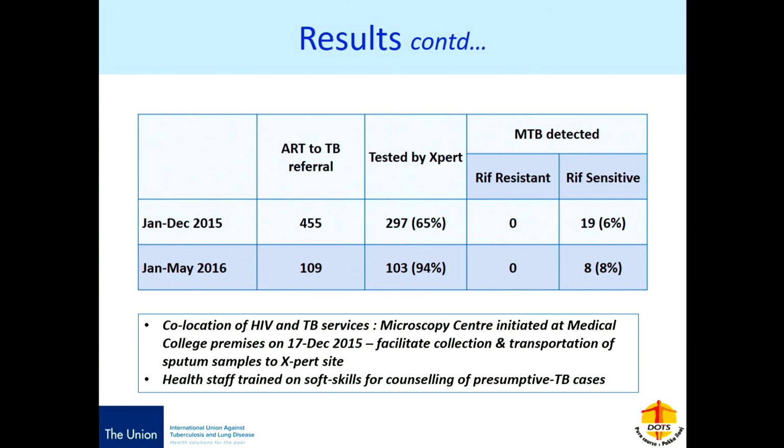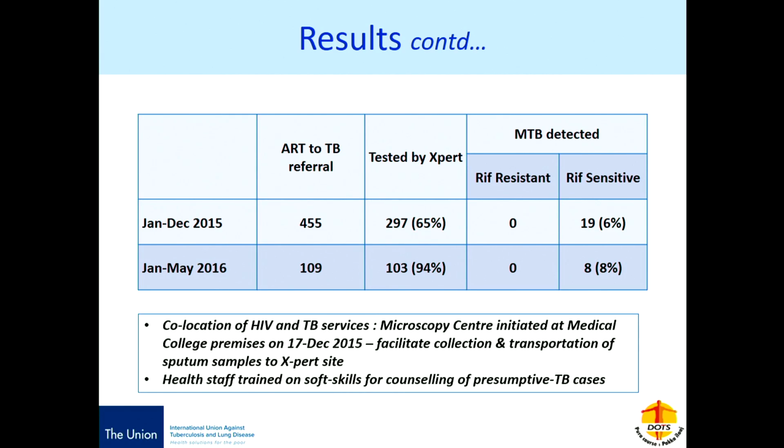The second intervention was where the health staff were trained on soft skills for counseling of the presumptive TB cases. The result was that in the next 5 months of data, when we analyzed, the cases tested by expert increased to 94%. Out of 109, 103 have been tested through expert.